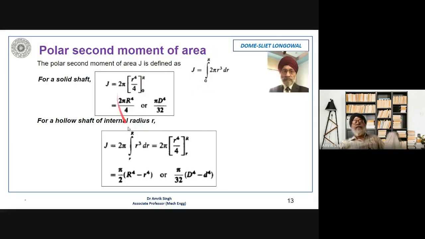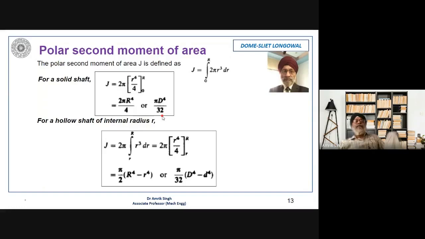So it will be 2 pi R4 divided by 4. So 2 pi R4 upon 4. If we put R is equal to D by 2 here, it will be pi D4 upon 32.